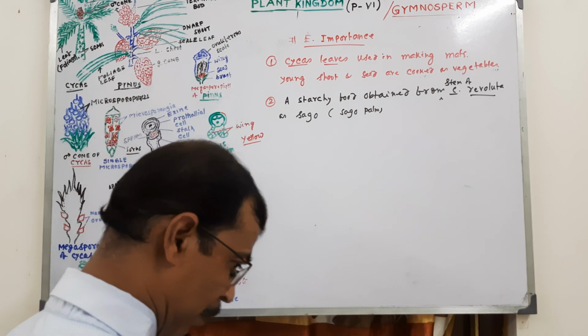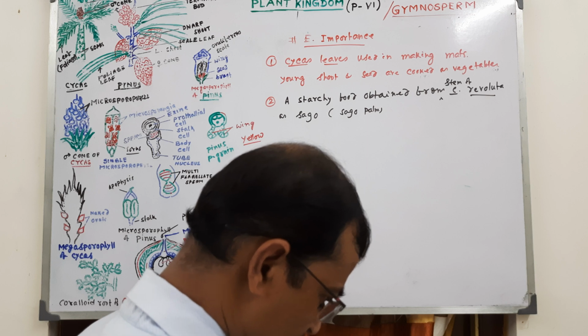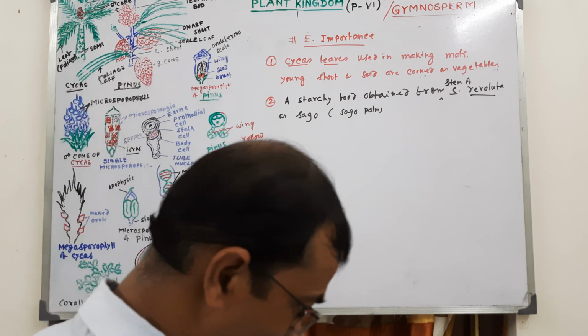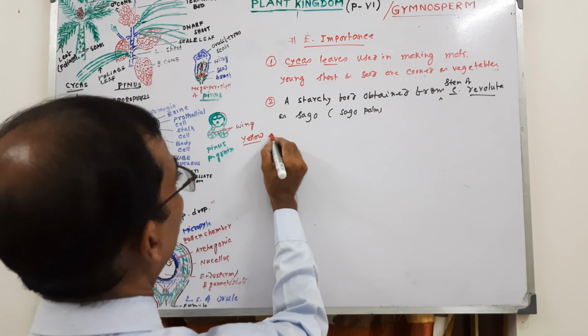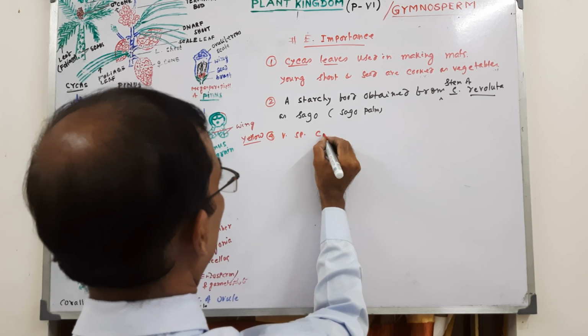Okay. Number 3, various species of Cycas, that is Cycas revoluta.